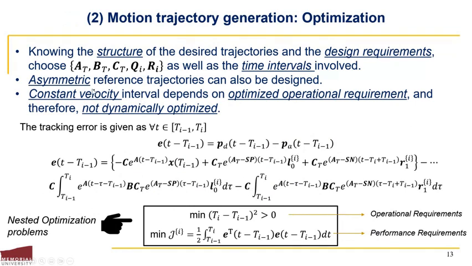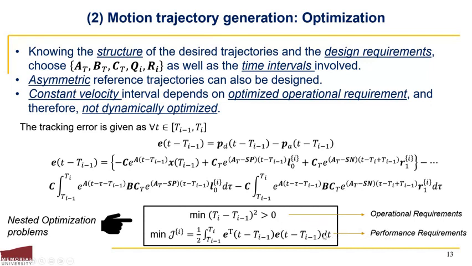Having established the existence of the desired reference trajectory structure, now we need to realize its companion system by appropriately choosing its involved matrices AT, BT, CT, Qi, and Ri, such that the tracking error is minimized to meet any imposed given performance requirements. Moreover, the acceleration and deceleration time intervals have to be minimized to meet any imposed operational requirements.